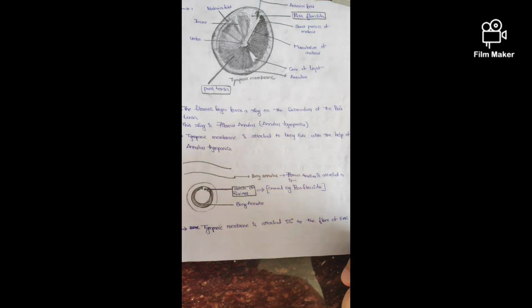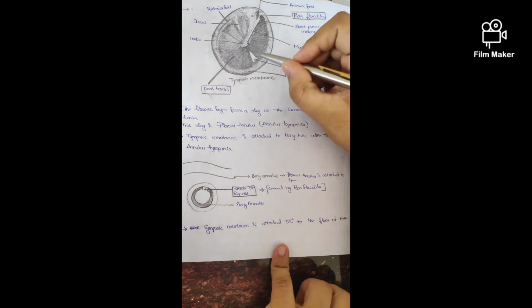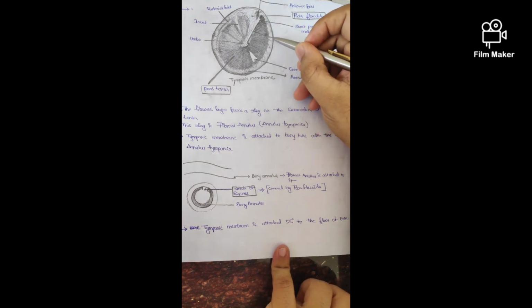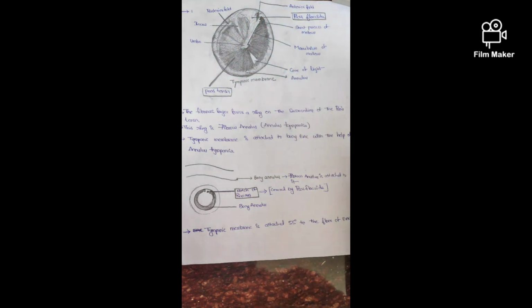The fibrous layer forms a ring around the pars tensa. We can see it here. This ring is known as the fibrous annulus or annulus tympanicus. The tympanic membrane is attached to the bony EAC with the help of the annulus tympanicus.